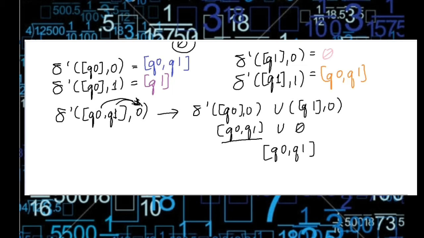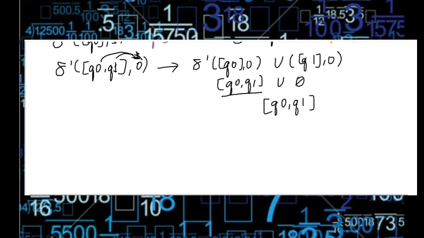Now, let us proceed in getting the target states from Q0, Q1 by inputting 1. Delta function prime Q0, Q1 inputting 1. What will you do? Distribute. Q0, mag-input ka muna ng 1.